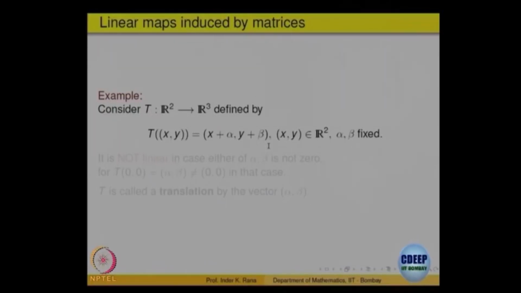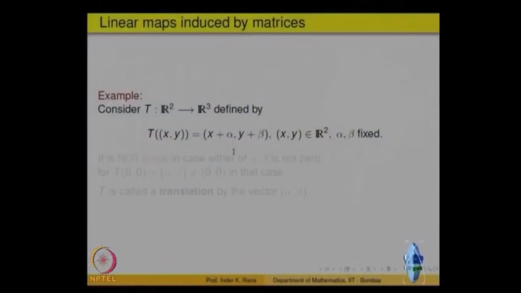If I put x equal to 0, y equal to 0, then it is alpha beta. So, alpha may be 0, beta may be 0, both may not be 0, one of them may be 0. If both are 0, then it is a linear transformation, but in that case you are doing nothing, it is an identity map, x y goes to x y. So, if either of alpha or beta is not 0, then this is not linear, right.